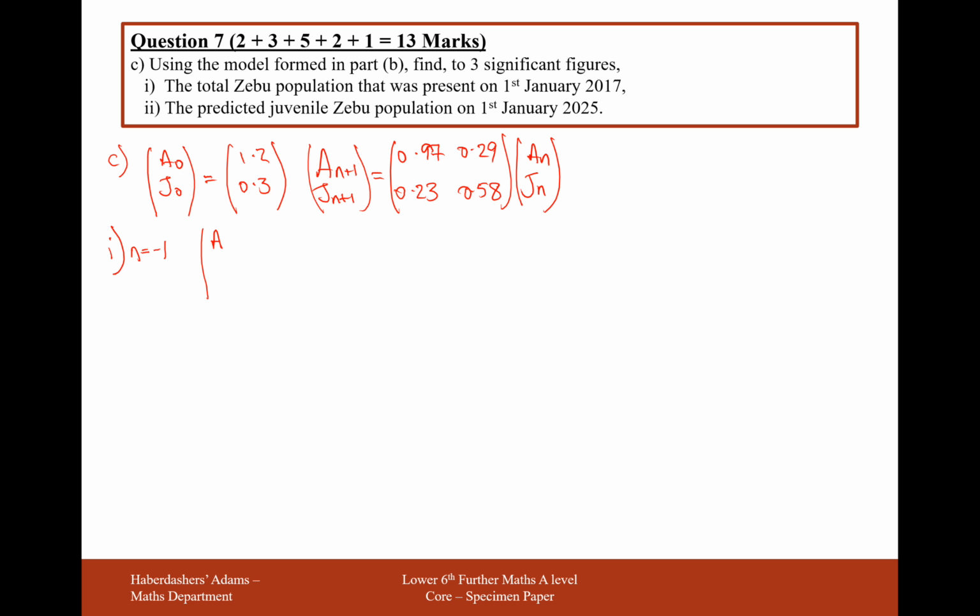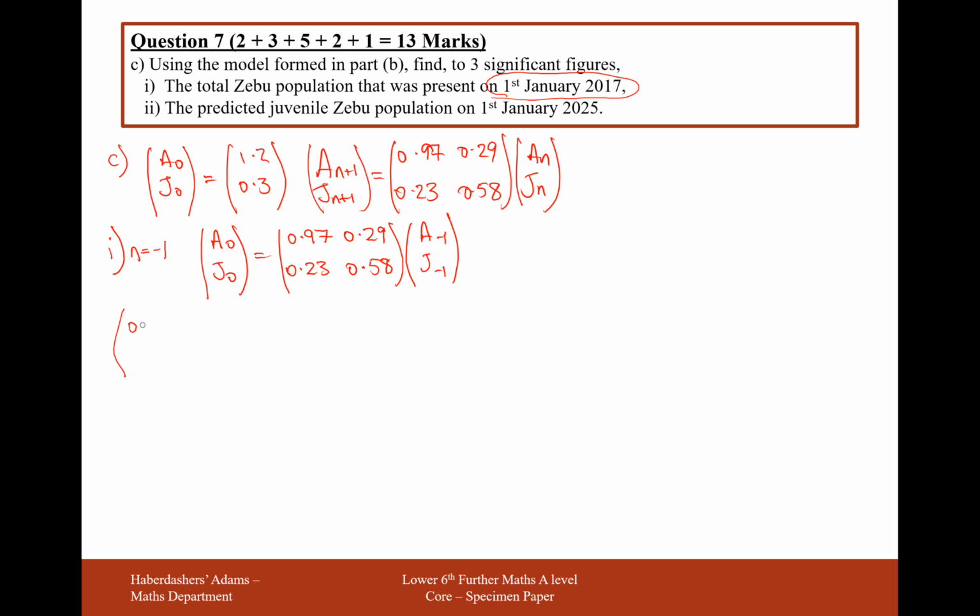That will give us A0, J0 in this right-hand formula, which will equal the matrix that we have, times A-1 and J-1. So what we need here, A-1 and J-1, is the population in the previous year. So to work this out, we'll need to inverse this matrix here.